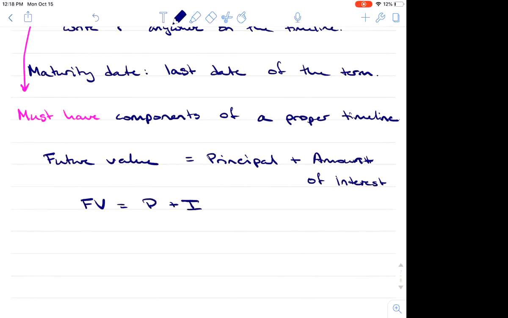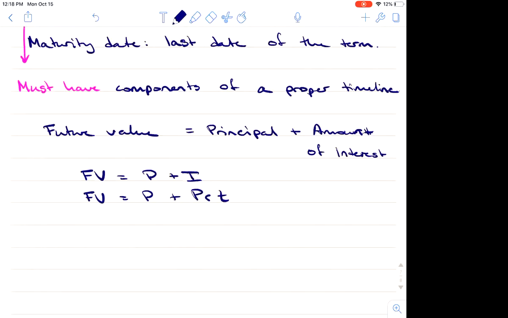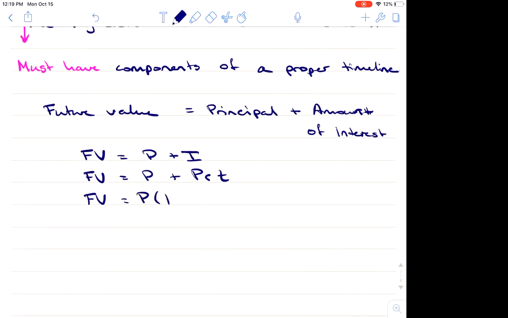That's not the formula on your formula sheet. If you look at your formula sheet, you have the future value is P times 1 plus RT. How we got there is we said, well, we know that I is PRT, so the future value is P plus PRT, since I is PRT. And now we've got this common multiple of P that we can pull outside. So this is the formula that we'll use for a future value, P times 1 plus RT.